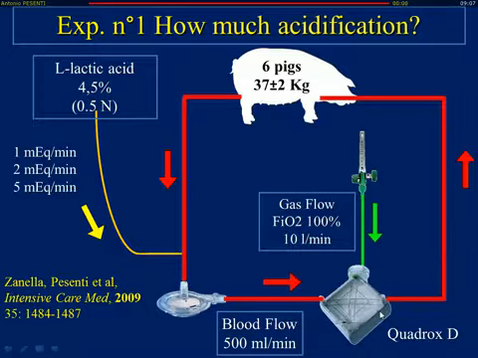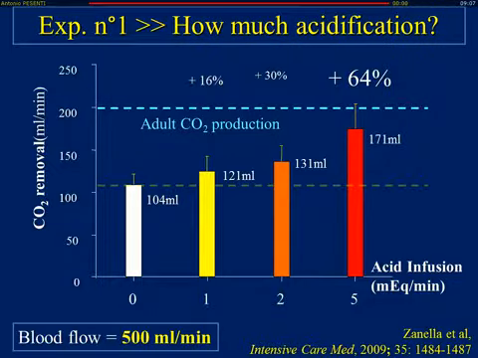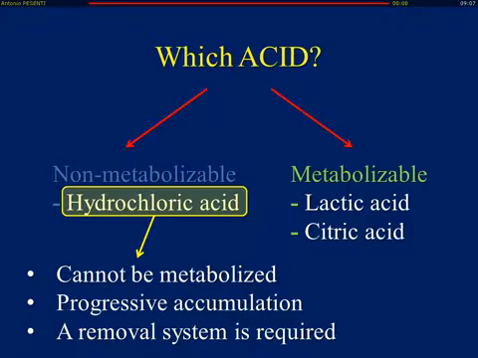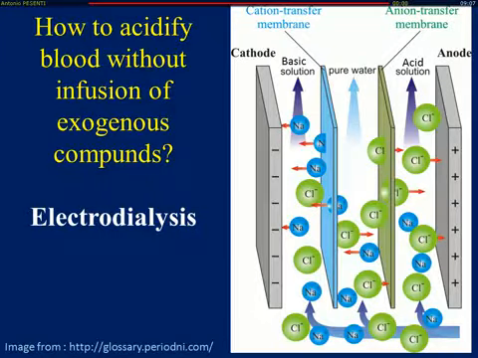Lactic acid converts bicarbonate to CO2, and CO2 gets out from the membrane lung very quickly. Then the animal or the patient has to metabolize the lactate. So now we are working with hydrochloric acid produced by an electrical device which is called electrodialysis.